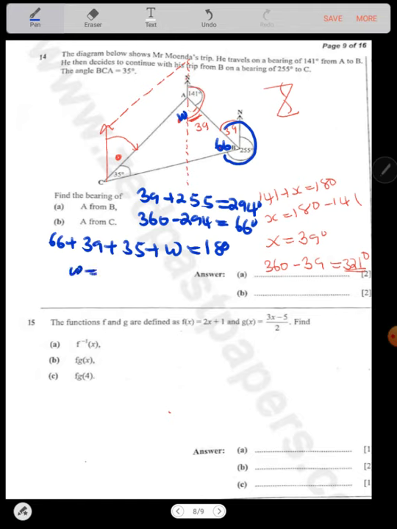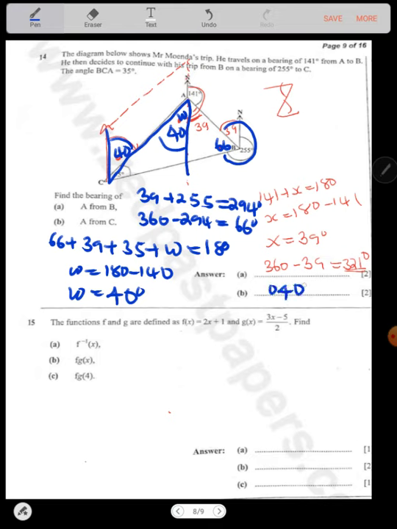So W is equal to 180 minus 140. So W is equal to 40 degrees. So here is 40 degrees, which is just the same as the bearing of here because of the Z property. You can see, here is 40, even here is 40. So the bearing there is 40 degrees. So I hope that made sense.